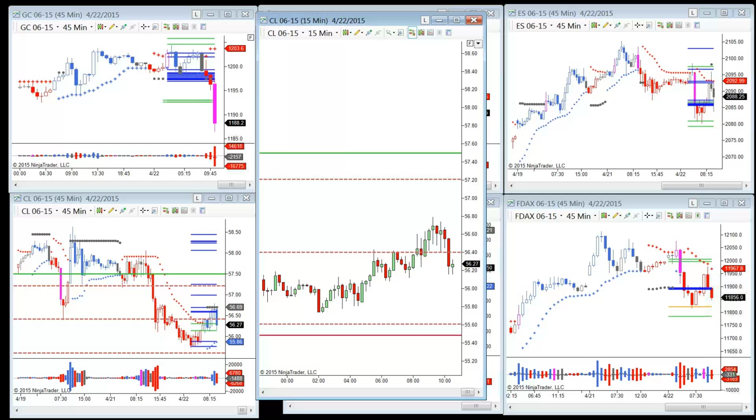Tick tock, tick tock. It's still early, but I'm watching this pattern.